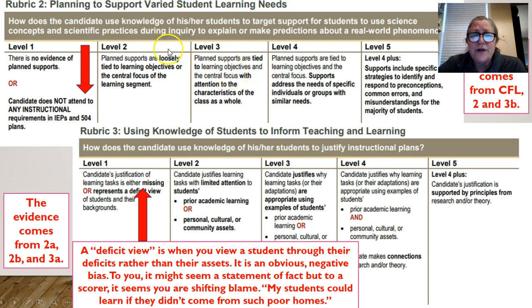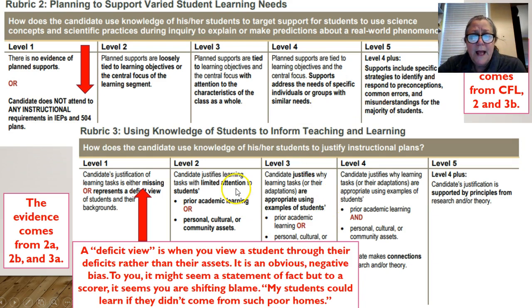So you want to make sure that for the supports that you use, you actually say, this was my objective and this was how I was supporting it. And then you want to talk about how you supported the needs of specific groups and individuals. And then this is how you get your misconceptions in there for your 5.